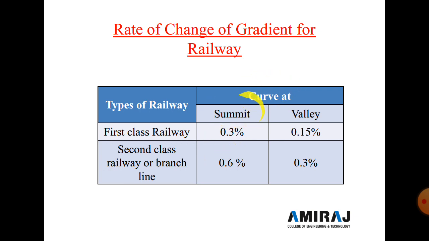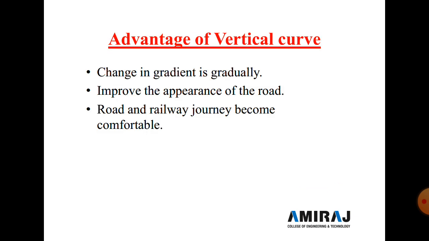For the summit curve in a downward direction it is 0.3%, and for the valley curve it is 0.15%. For a second class railway the value is 2 times that of the first class railway network. So it is 0.6% and 0.3% for summit and valley curves.